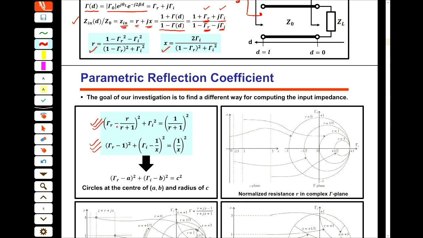For example, this circle has a center of R divided by R plus 1, and 0. And this circle has a center of 1 and 1 over X. This circle has a radius of 1 over R plus 1. And this circle has a radius of 1 over X.